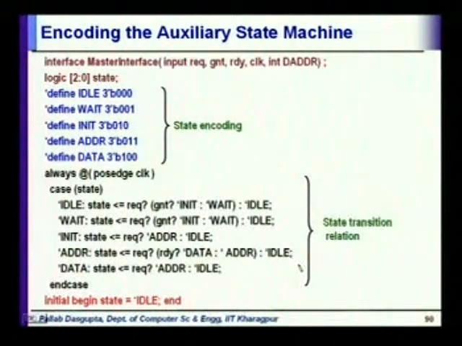write properties over that. How is this checked during simulation? During simulation, this state machine is simulated like any other state machine in your circuit, right. So during simulation, the state is updated continuously. In every cycle, this state machine reads the values of this request, grant, etc., and computes the value of the state which is saved here, right.